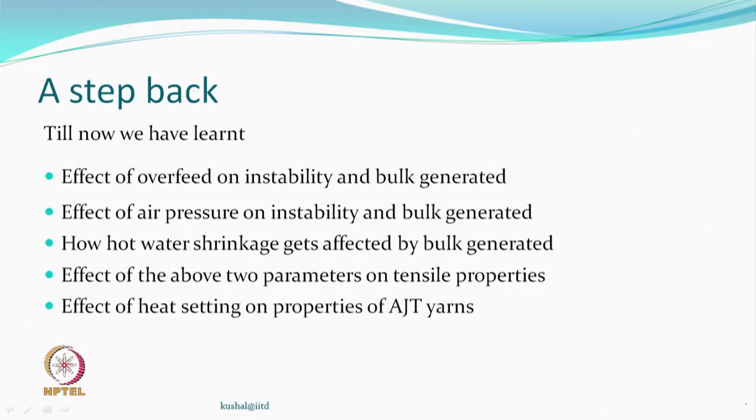A step back, till now we have learnt the effect of overfeed on instability and bulk generated, effect of pressure on instability and bulk generated, how the hot water shrinkage gets affected by the bulk generated, effect of the above two parameters on tensile properties, and also effect of heat setting on the properties of air jet textured yarns.